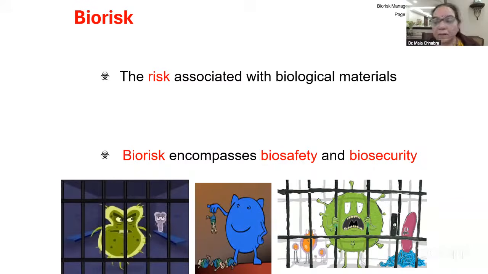You must have heard about the biological warfares. That is, even these simple organisms can be converted into bioweapons. So you have to secure them so that you protect these organisms from dangerous people. Biosafety is protecting ourselves from the dangerous pathogens.